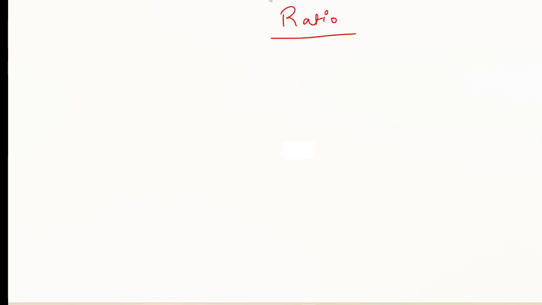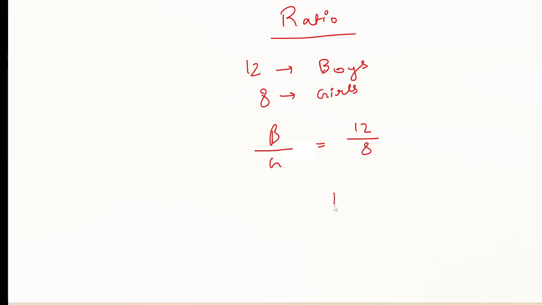For example, if I say a class has 12 boys and 8 girls. So the ratio of boys to girls would be 12 over 8, or you can write it as 12 to 8. So there are different ways to write.